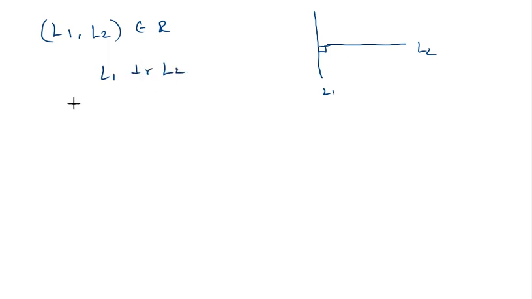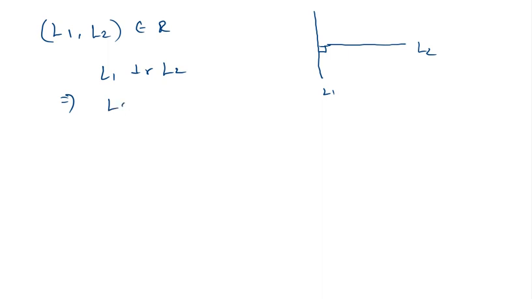To test the symmetry case, let us take one member of the relation, L1 comma L2, which belongs to R. What is the meaning? This is L1 and this is L2. What is the angle between L1 and L2? 90 degrees. Now if L1 is perpendicular to L2, then definitely L2 is perpendicular to L1.